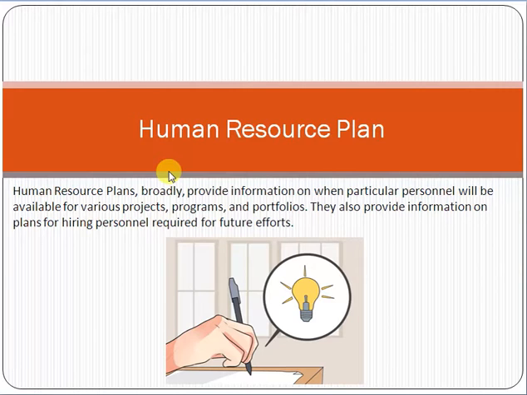Why is it important and why do we need to do it? Because a human resource plan is necessary: as a manager implementing a project, you need some visibility, for example that in January you have to do two projects, in February three projects, and in March four projects.